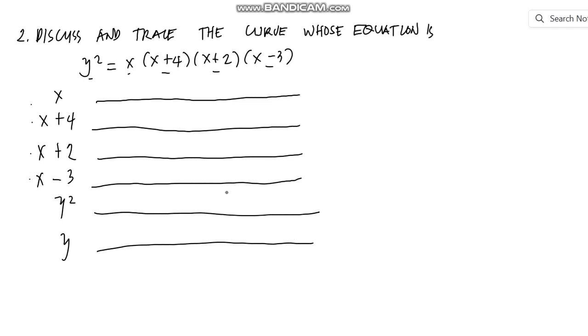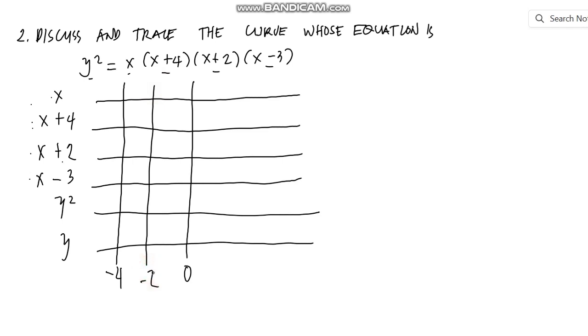So let us now determine where these values would be 0. For x, that would be 0 at 0. For x plus 4, that would be 0 at x is equal to negative 4. For x plus 2, that would be 0 at x is equal to negative 2.